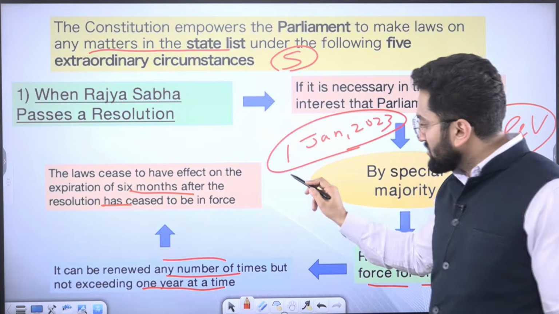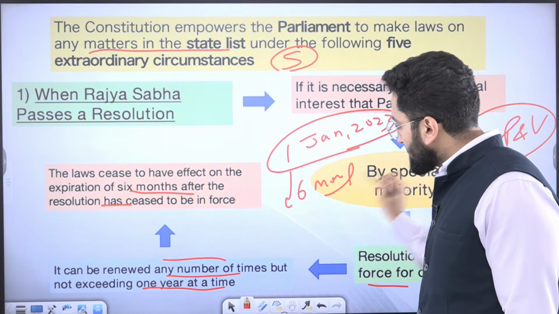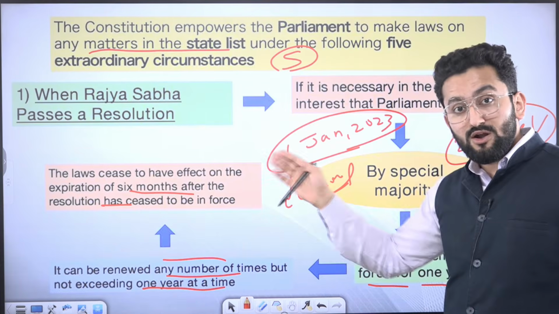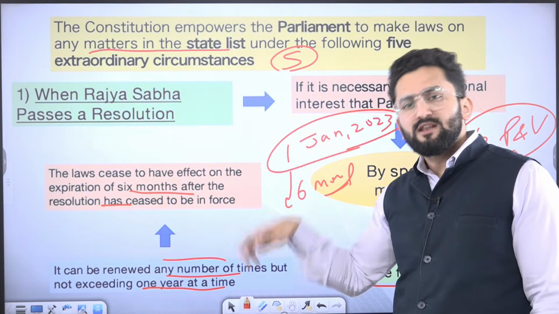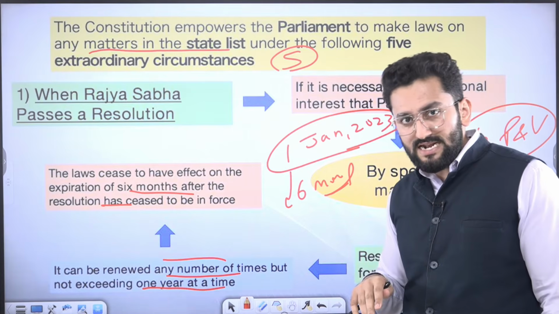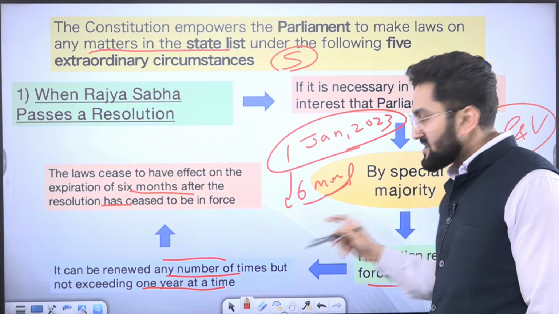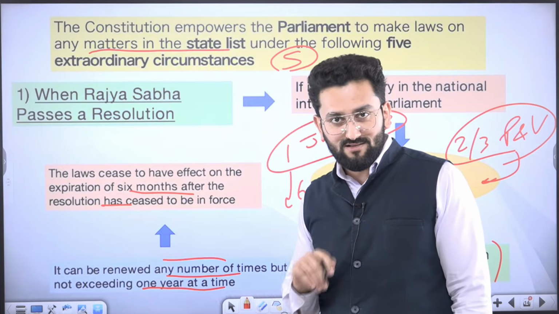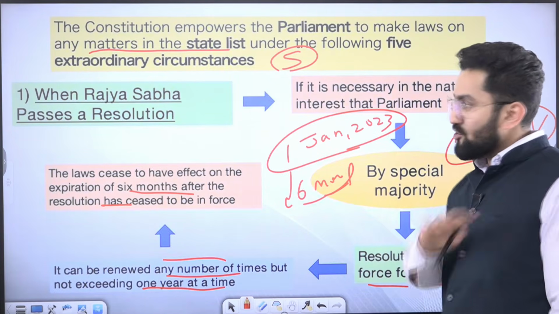Now, from 1 January 2023, for just 6 months, this particular law will be in place. Although it can be repealed before that as well. But if it is not repealed, it can go on for 6 months and after that it will be considered expired. Okay, this is the meaning of this particular statement. I hope it is clear now.